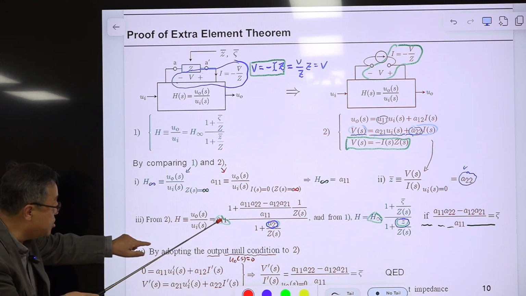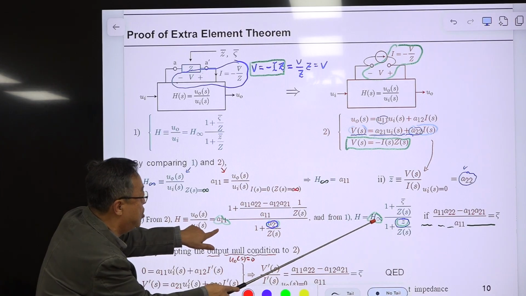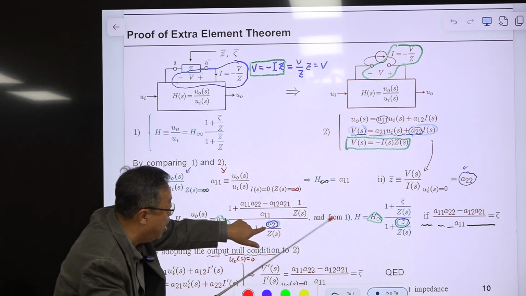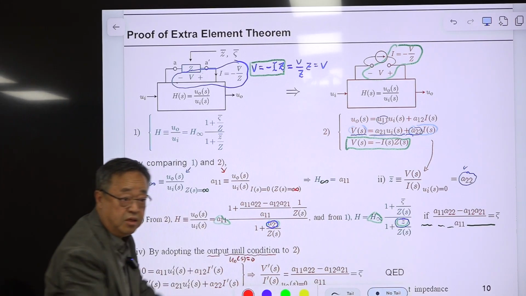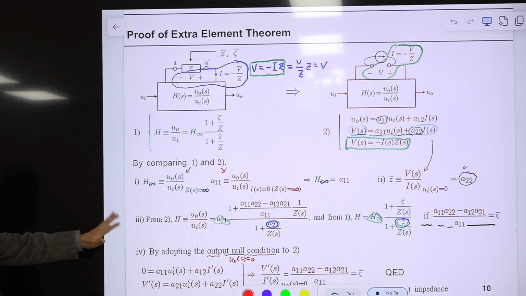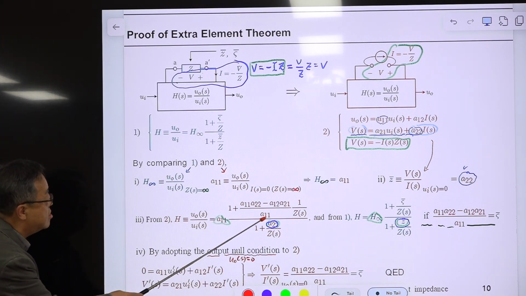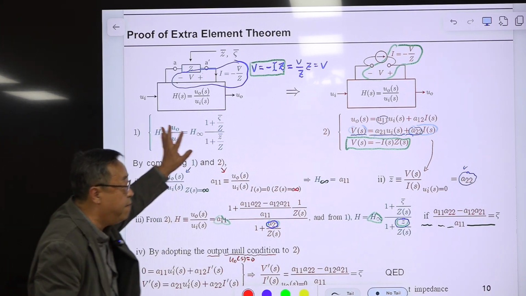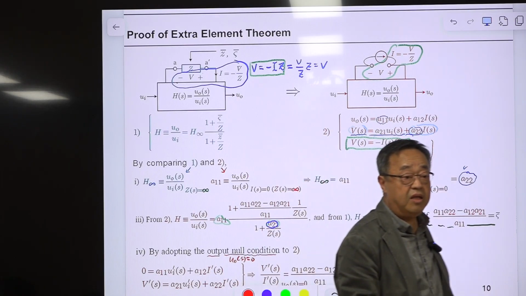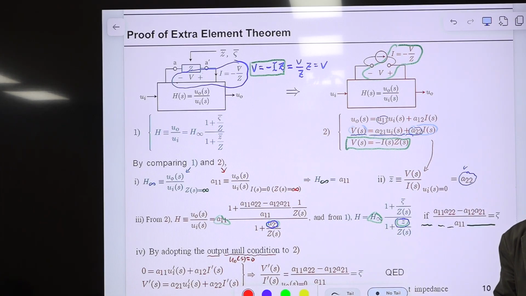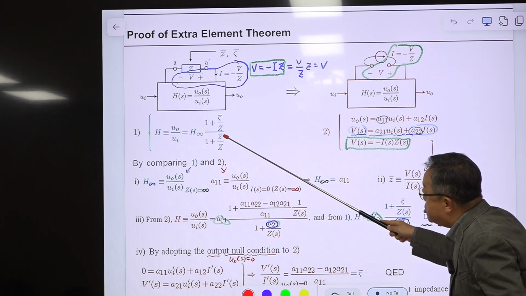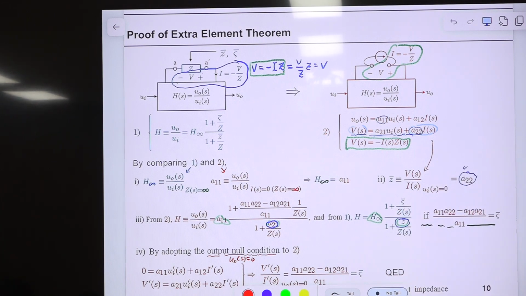Then this is A11, this is H infinity, this is A22, and this is the driving point impedance. So everything is okay. The shape, its structure is okay. If this one is the null driving point impedance, then this one and this one are the same, and we prove the ET. We start from this equation, and this equation is somehow modified into this form, which is the form of the ET. So ET is the correct form.